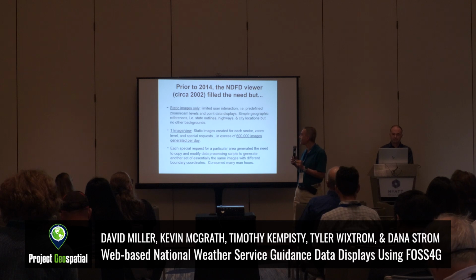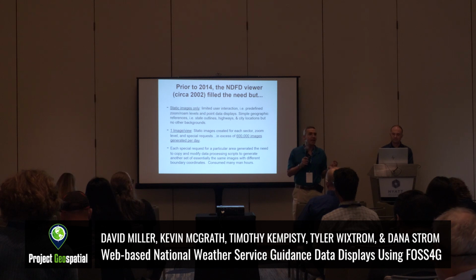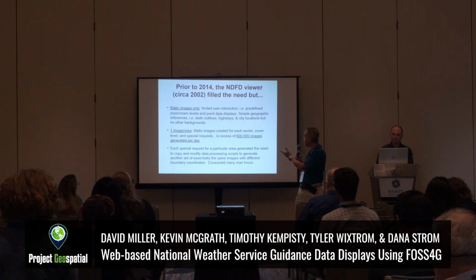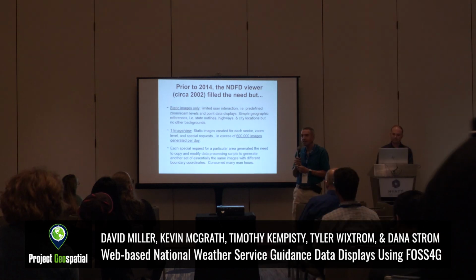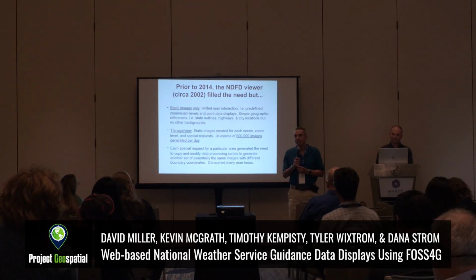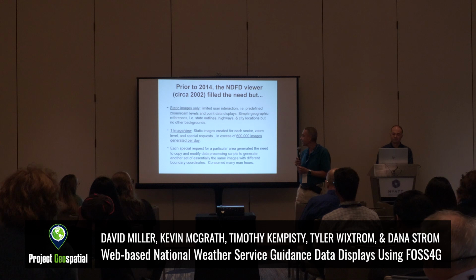It was put together as one image per view, and the code was essentially the same for each sector. When the process kicked off for the day, it generated 600,000 images, which was a lot of overhead and processing time.